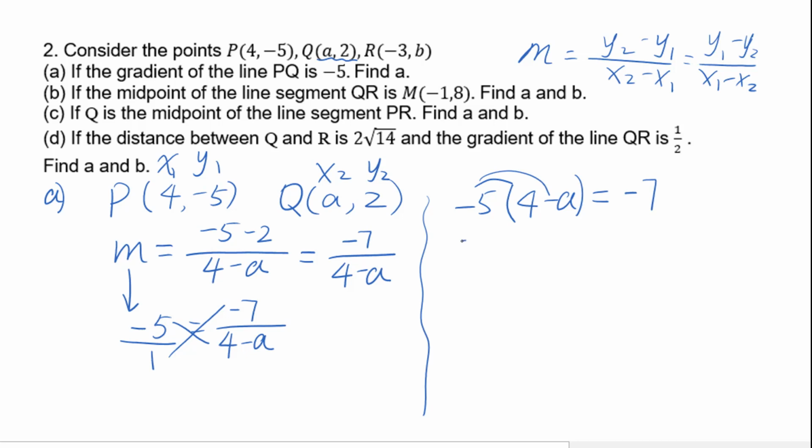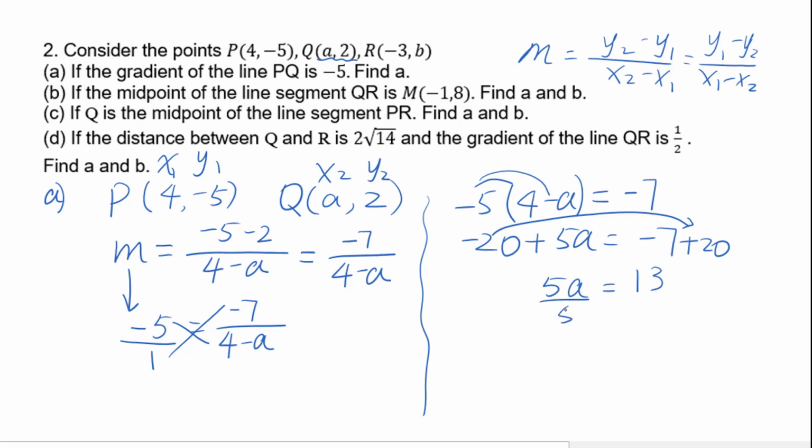Distributive property: -20 plus 5a equals -7. This is a linear equation, isolating the variable on one side. So we cross the river, change the sign, add 20. You will get 5a equals -7 plus 20, which is 13. So divided by 5, a equals 13 over 5.